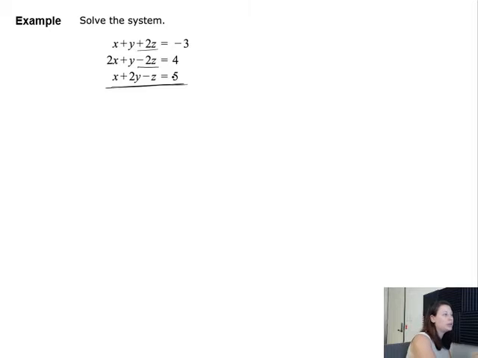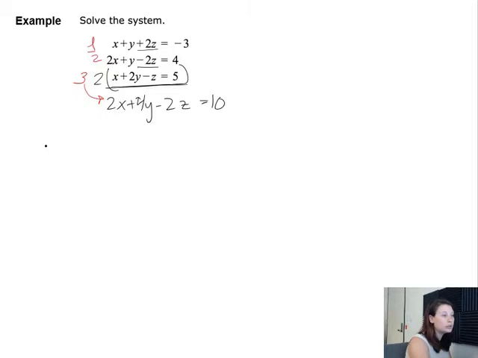That new equation, multiplying this by 2, will give us 2x plus 4y minus 2z is equal to 10. It's also good to number your equations: the first one, the second one, and the third one. And this is also the third one.